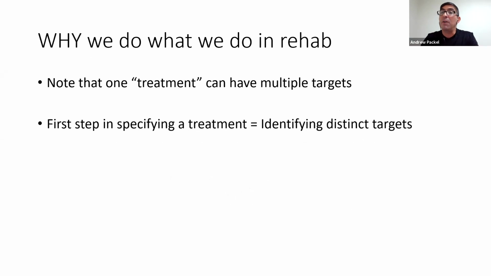So in the RTSS, we break down that term treatment into different pieces where we've identified distinct targets. And we'll talk about what we call those. But the first step in identifying treatments and breaking them down in the RTSS is identifying what you think you're impacting for each particular target that you're working on.